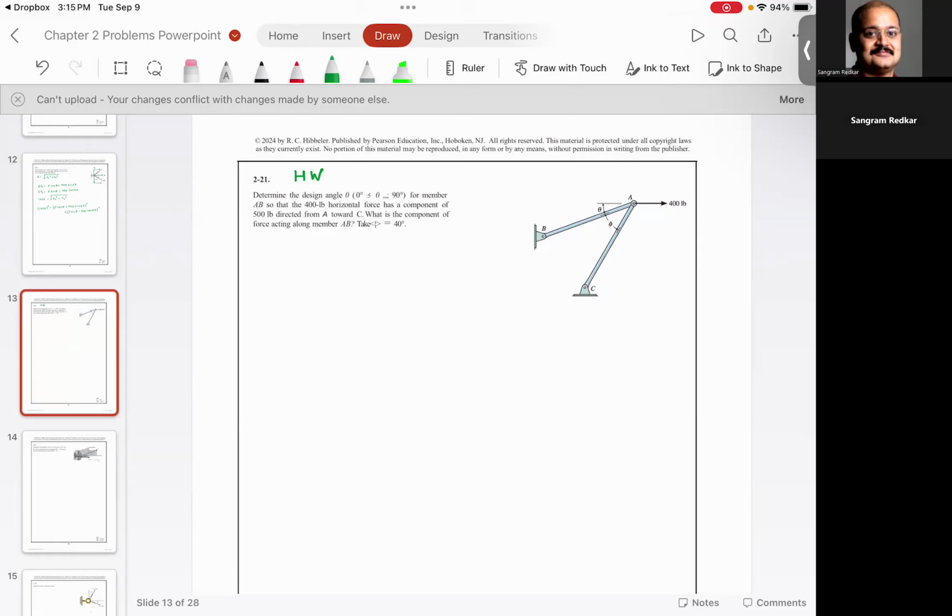To solve this problem, we have to draw something called the free body diagram. When we construct a free body diagram, we free the bodies. So this is body BA. This is joint A. This is body AC.